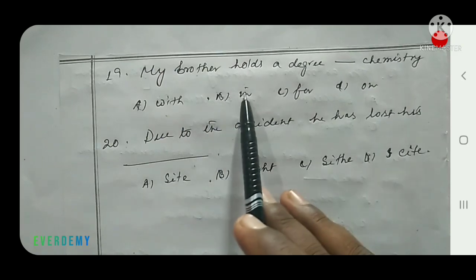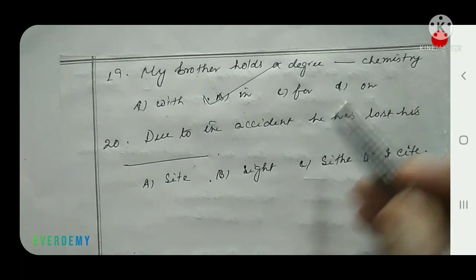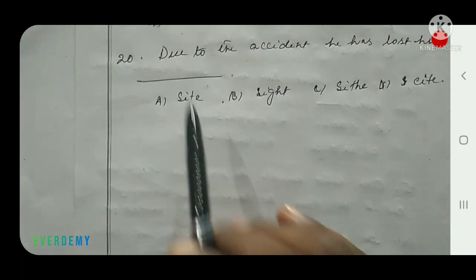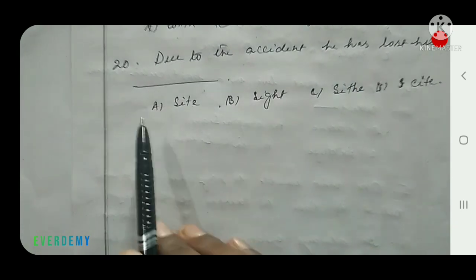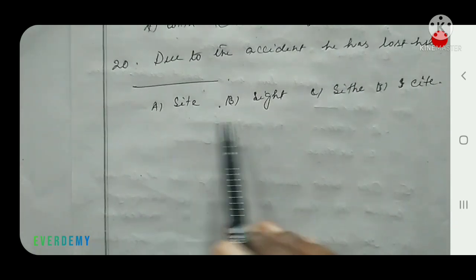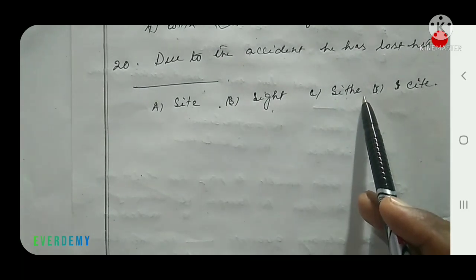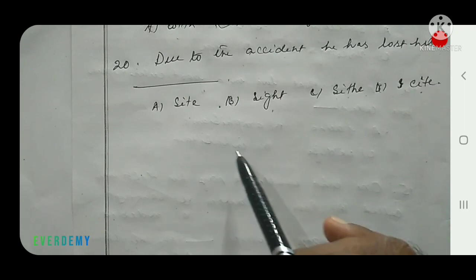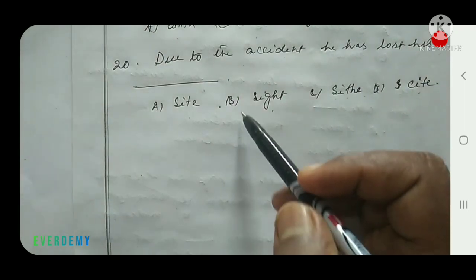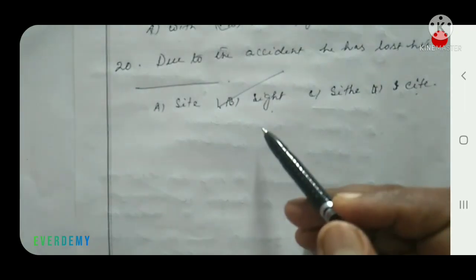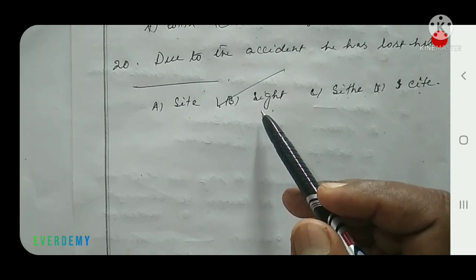So my brother holds a degree in chemistry. B is the correct answer. Next 20. Due to the accident, he has lost his sight. S-I-G-H-T is the correct spelling. So B is the correct answer.